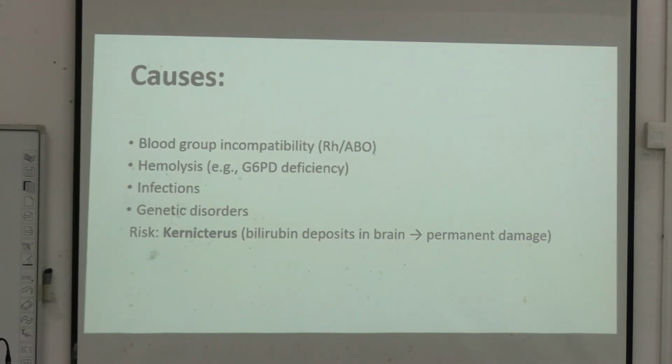Causes: blood group incompatibility, Rh or ABO, hemolysis, enzyme deficiency, infections, genetic disorders. Risk is kernicterus. Kernicterus means bilirubin deposition in brain. That is permanent damage. If kernicterus happens, it is irreversible damage.